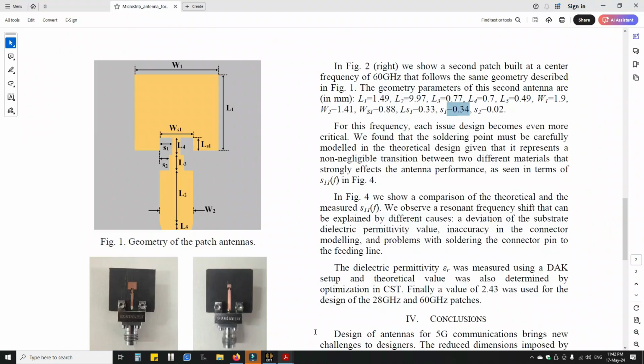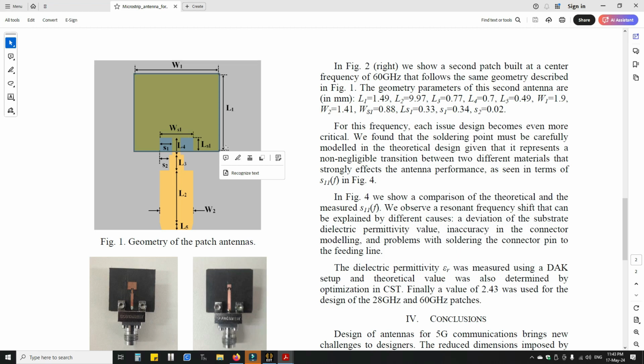Now we are going to place our real radiating patch on the top of the entire structure. But on the paper they have not mentioned where we are going to start the structure.